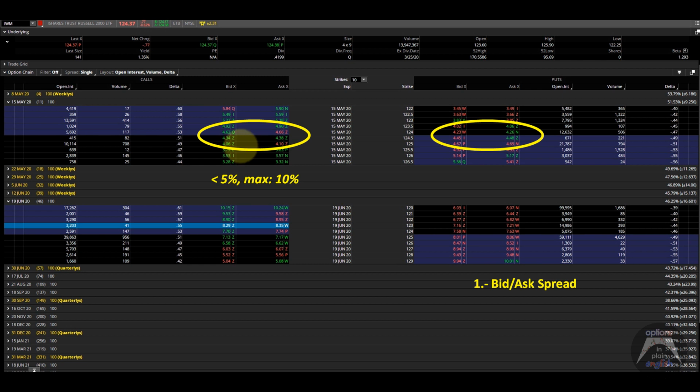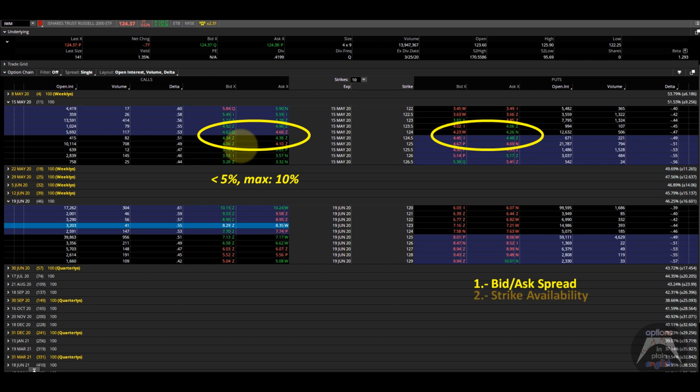So meaning you can still get out, you can still adjust, you can still roll to different expirations. So it's important for you to make sure that when you trade, you select the underlyings that have options with a good bid-ask spread, which is the most important measure of liquidity.